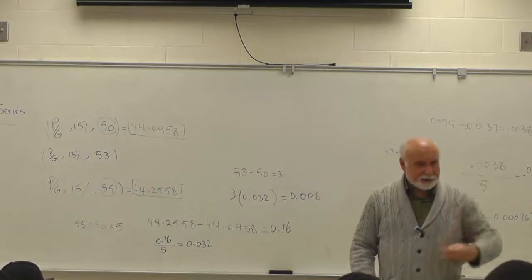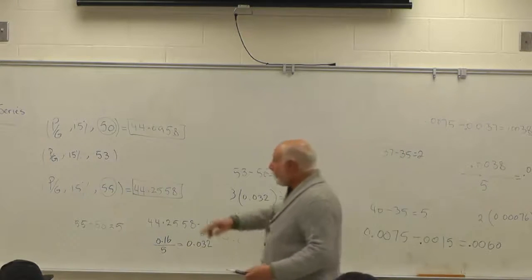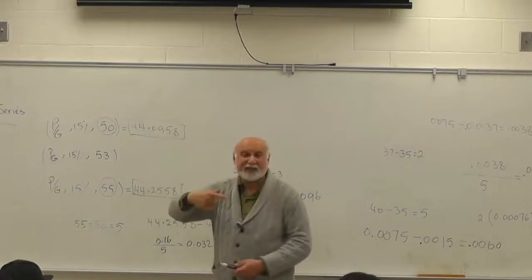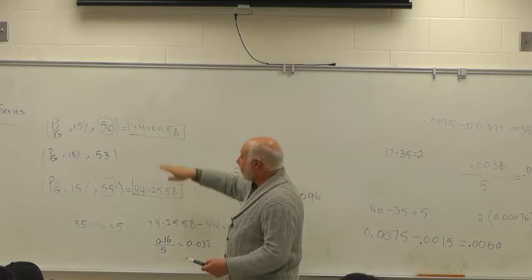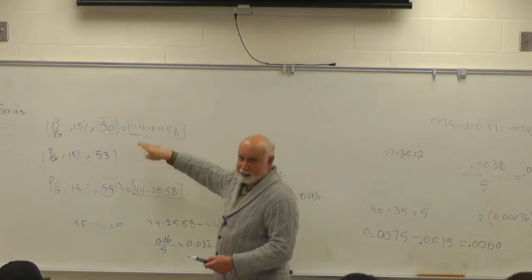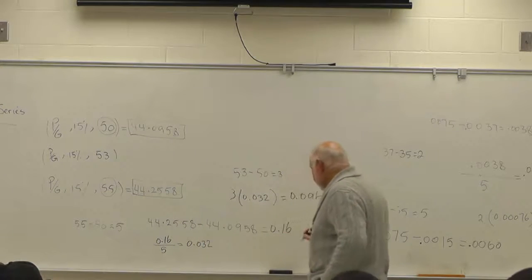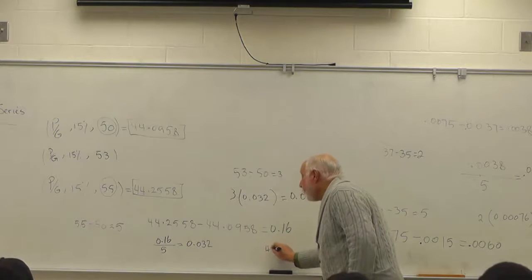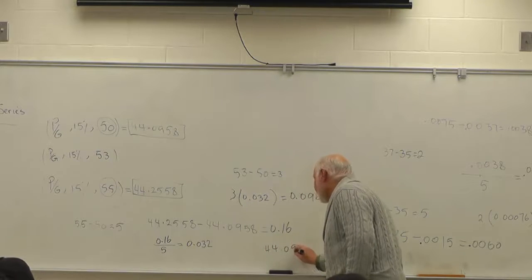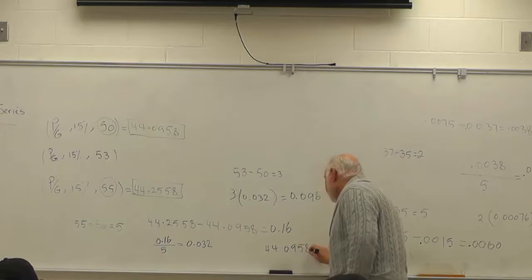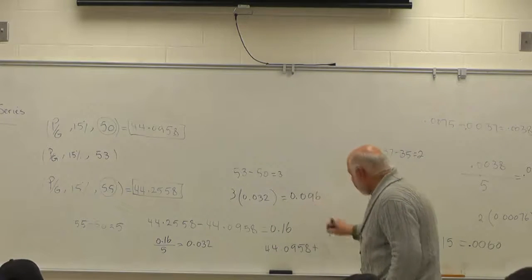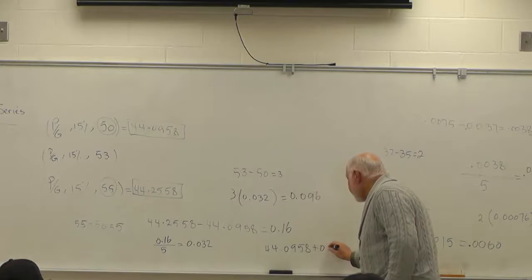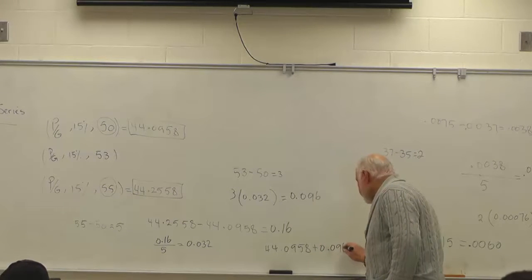That's for 3 years. So what do I need to do from here to here? Is it increasing or decreasing? It is increasing. So I need to add to this number. So it's going to be 44.0958 plus that number, 0.096.